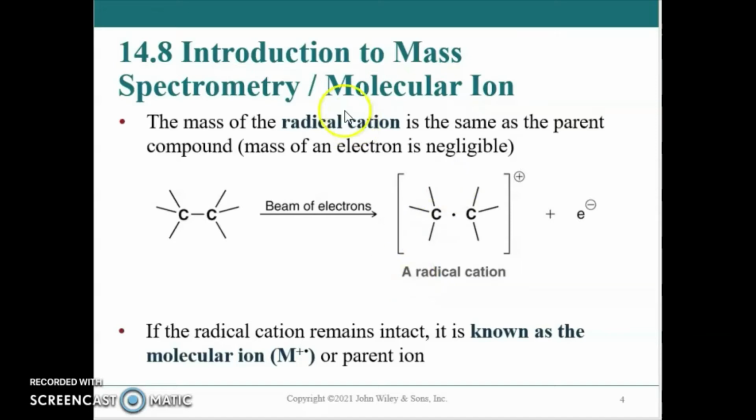Now, the mass of the radical cation is the same as the parent compound. So the mass of this radical cation of ethane is the same as the mass of ethane, because the mass of an electron is negligible.